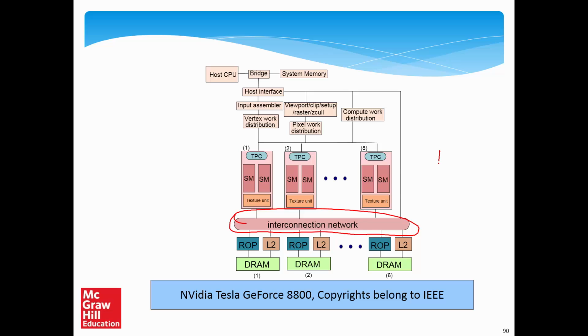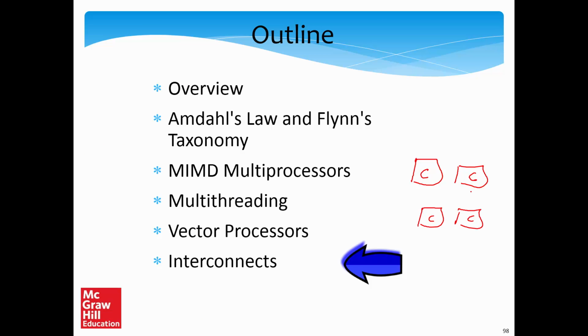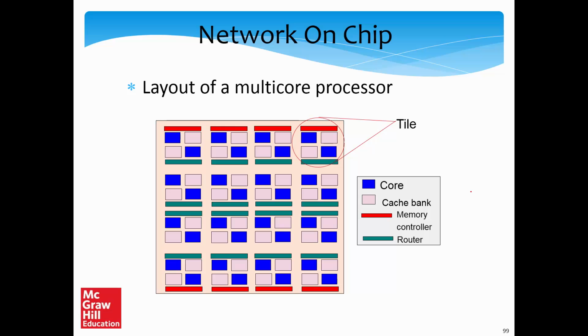Also, it is possible that I can take individual chips and create a cluster of servers. Again, they will be connected in some way. So let us look at the different kinds of interconnection networks and study their properties. Again, this is very basic, but this is something that everybody should know at least at this stage.